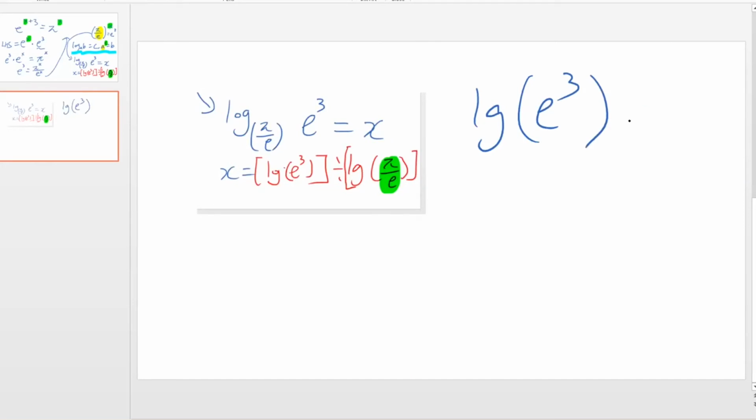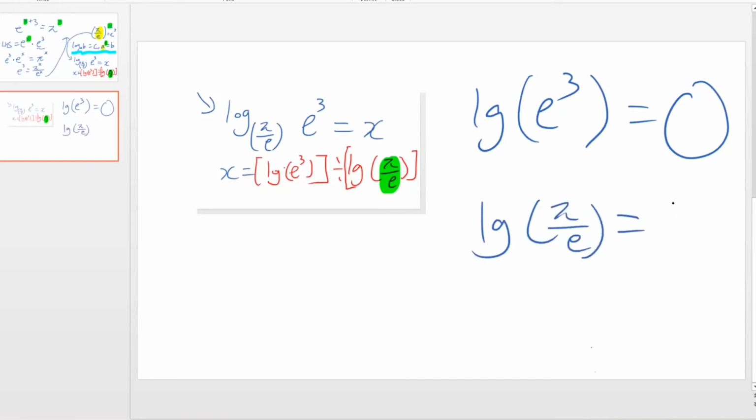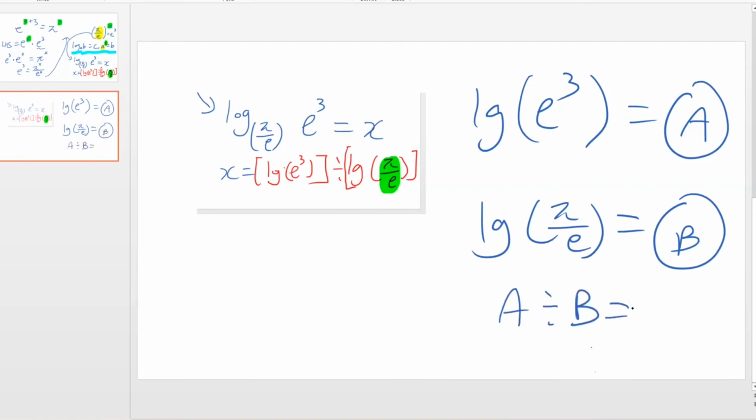You will have an answer, and then write this answer down. Then you punch this into the calculator, and you also have another answer, and write it down. Then now you use this A and B, and you just use your calculator to find out A divided by B. Try it out. Tell me what you get.